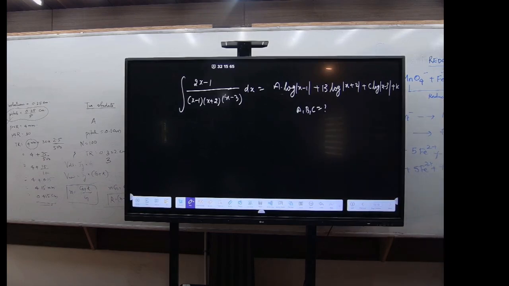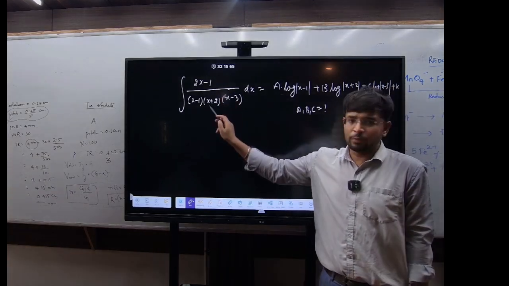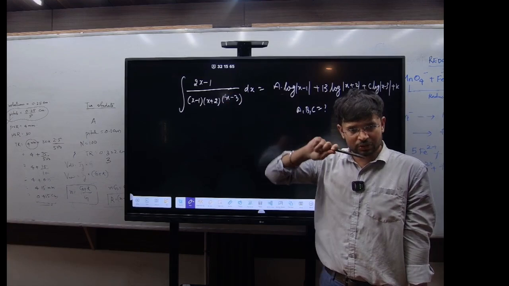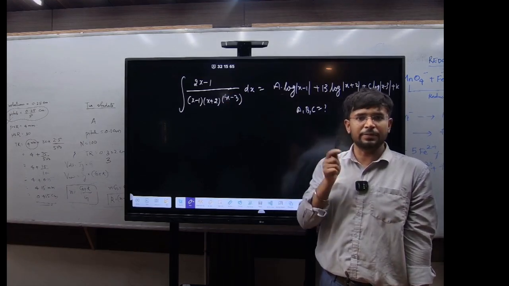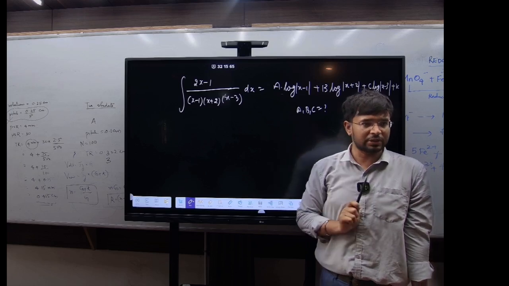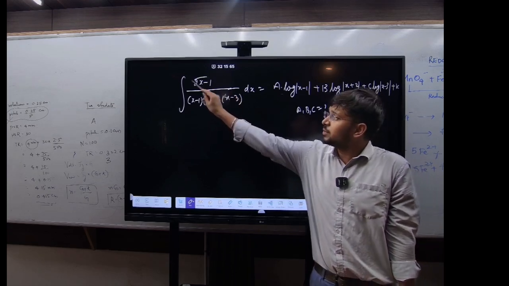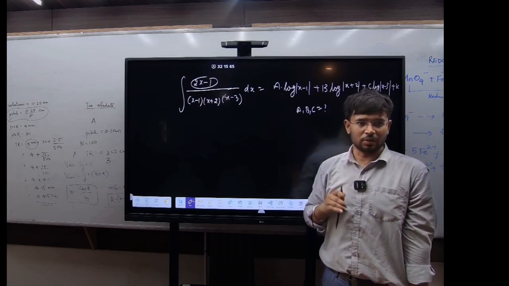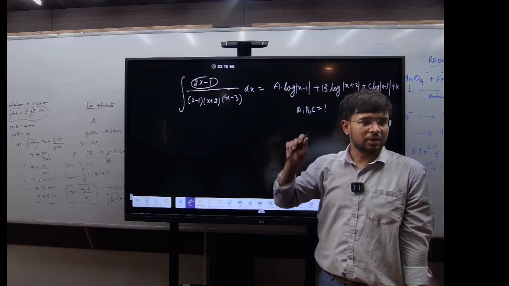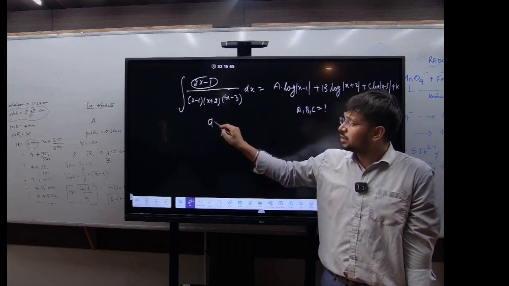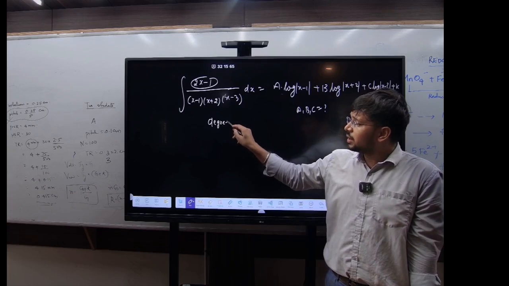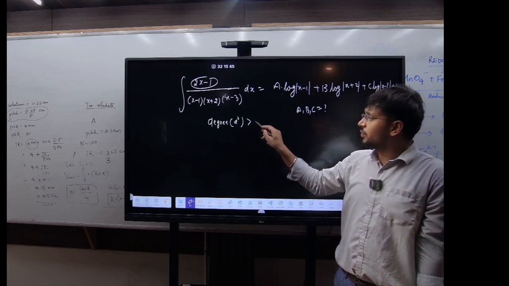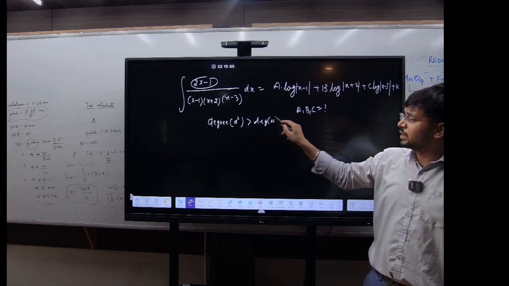So it looks difficult. If you notice, this is again polynomial by polynomial. Previous question also polynomial by polynomial, but previous question what was the case? Degree was same. But here see, what is the degree of numerator? Degree of denominator? More, 3. So when degree of denominator is more than degree of numerator, we use the method partial fraction.